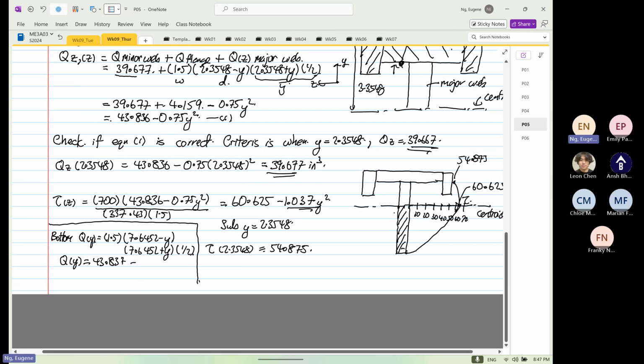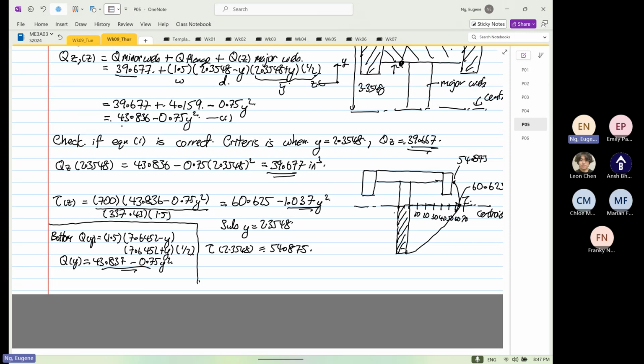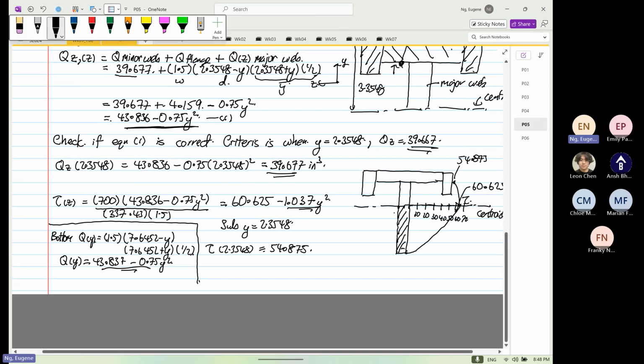Minus 1.5 times 0.5, 0.75 y squared. Okay. So you guys know this by now. Either we take from the top or we take from the bottom, the answer will be the same. So let me highlight in yellow. This and this are the same.